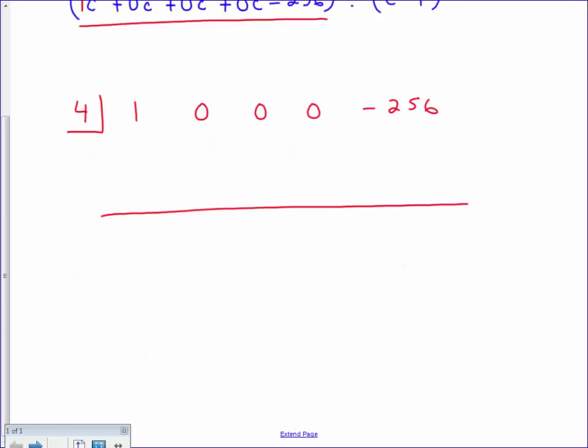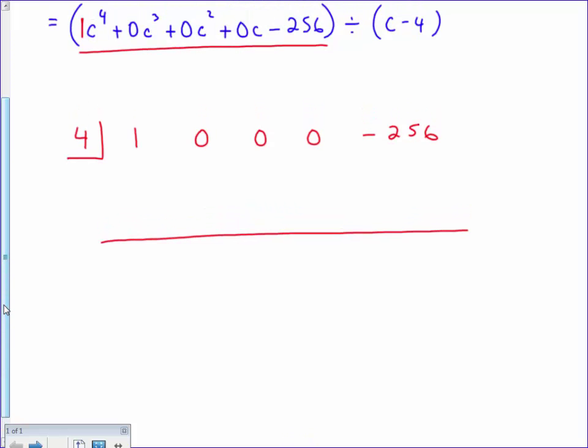Leave yourself a space and then draw a line. Start your synthetic division by dropping the 1 down. Multiply the 1 by the 4, put that result up above. Add down, this would be 4. Multiply 4 by 4, that would give me 16. Add down, that would give me 16.